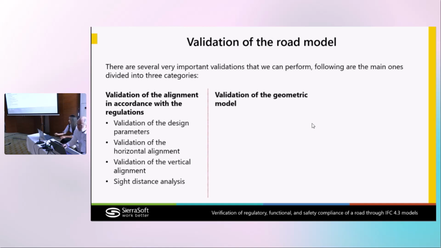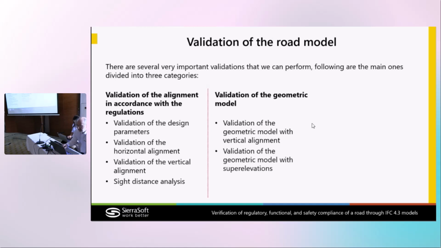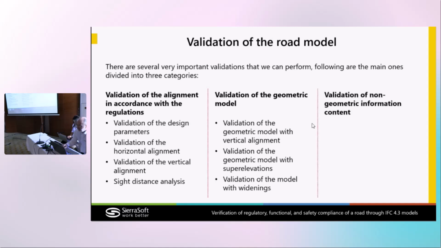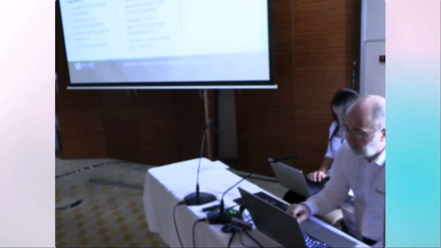The second category includes checks on the consistency of the geometric model with the design and includes 3 validations: validation of the geometric model with vertical alignment, with super elevation, and with widenings. The third category checks the validation of non-geometric information content using IDS files.